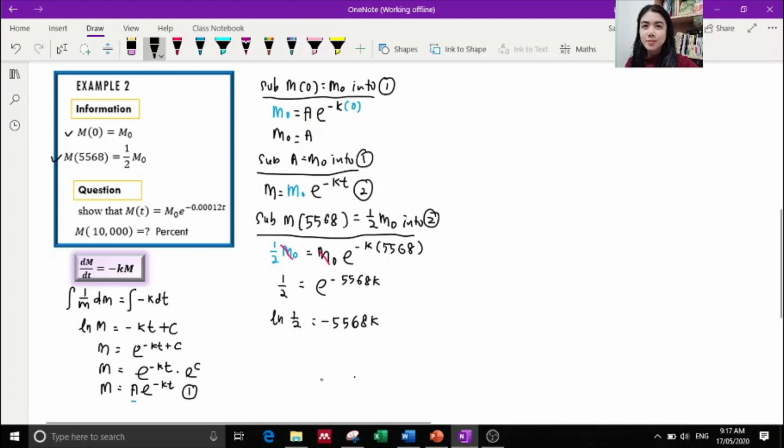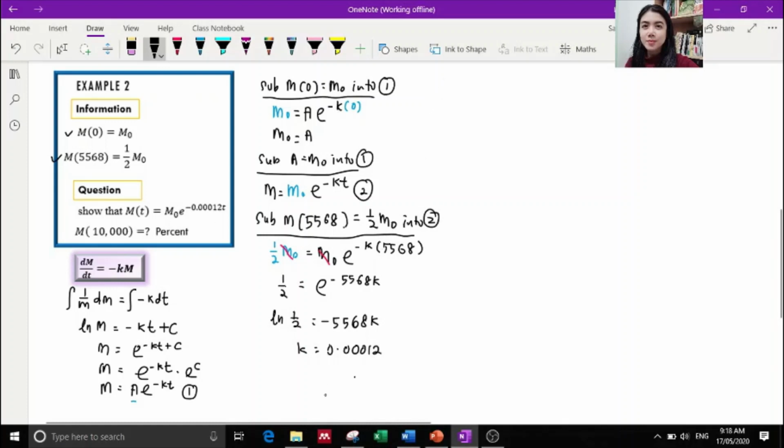Now you have to bring the negative 5568 to the left hand side, so we will have ln 1 over 2 divided by negative 5568. So this basically gives you the value of K. So your value of K is actually equal to 0.00012.